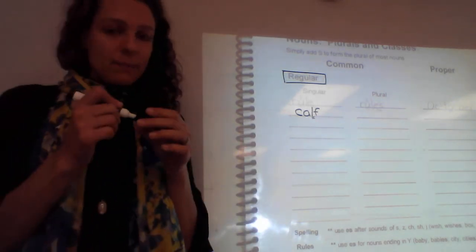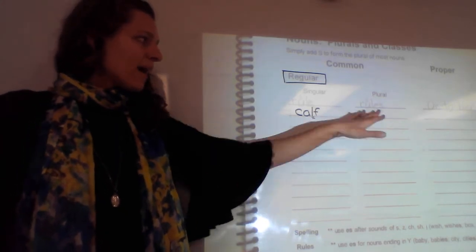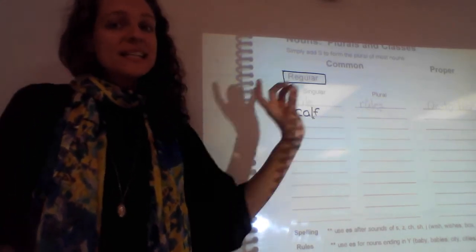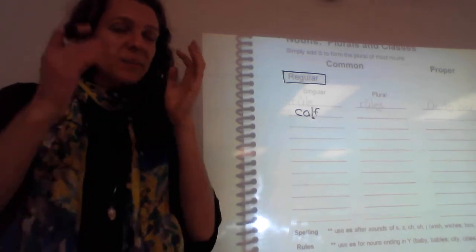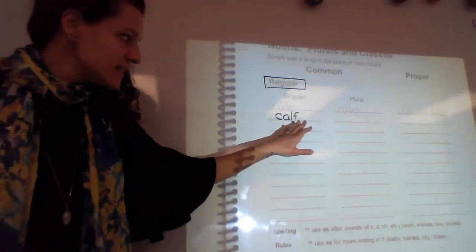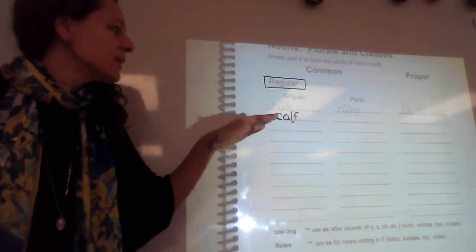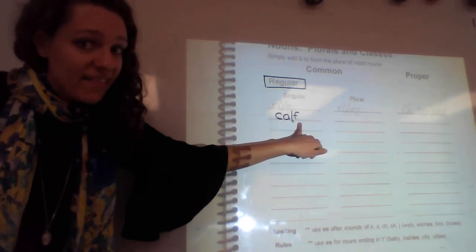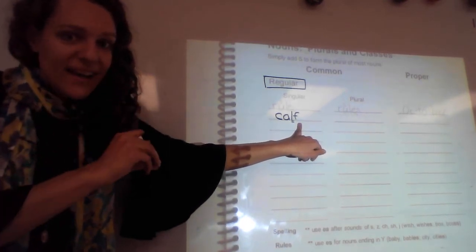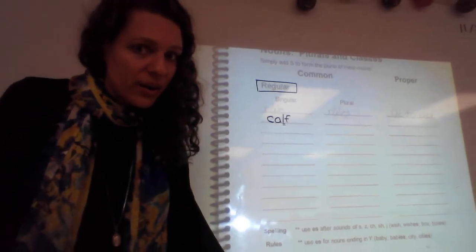All right, the plural of calf is calves. To spell it, we say calves. So we're going to change our F to a V, but when we do that, if we don't already have an E, like a silent final E, then we have to add ES to make it plural.